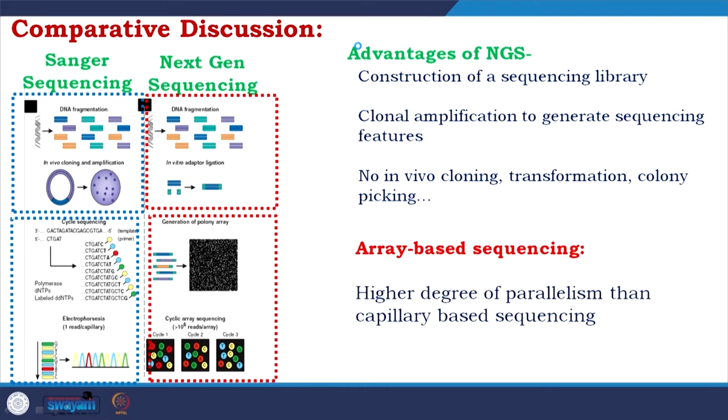Then array based sequencing has a higher degree of parallelism than capillary based sequencing. The journey from Sanger or first generation sequencing to next generation sequencing has taken people towards the idea of automation in the name of the Human Genome Project, which is revolutionary, and which is again changing the direction and speed of how biology works.